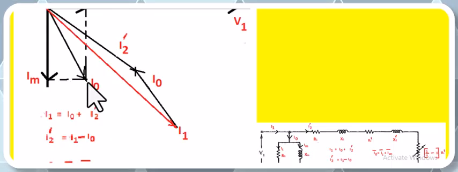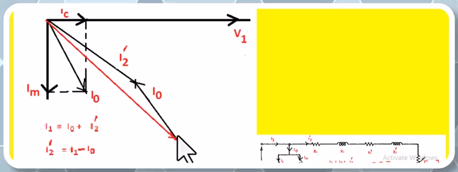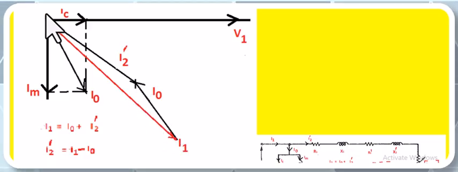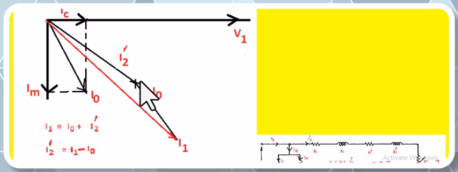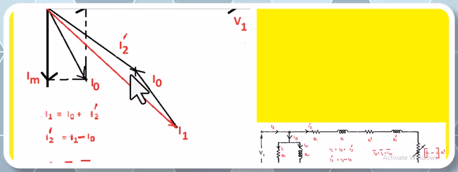To find I2 dash, draw a line parallel to the I0 vector from the tip of I1 like this, with a value equal to I0. Then draw a line from here to here that represents I2 dash.